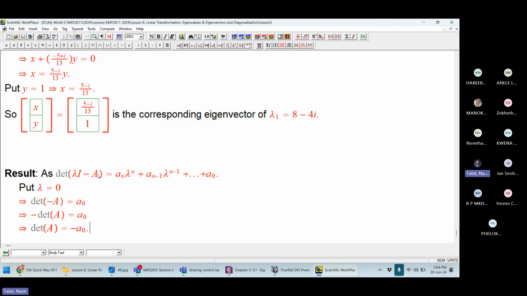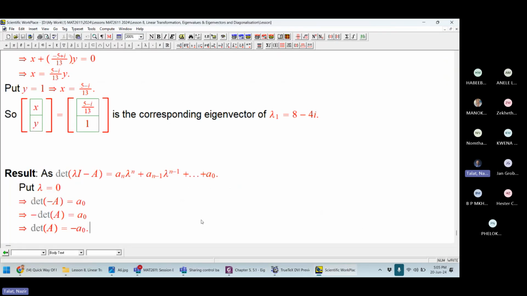Now if you put lambda equal to 0, then 0 multiplied by any matrix is the zero matrix. So 0 minus A is minus A, and it is equal to the last coefficient of your result.